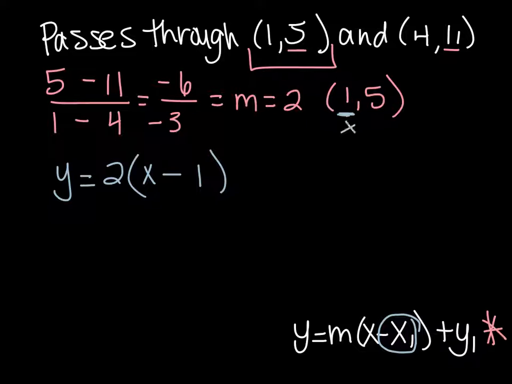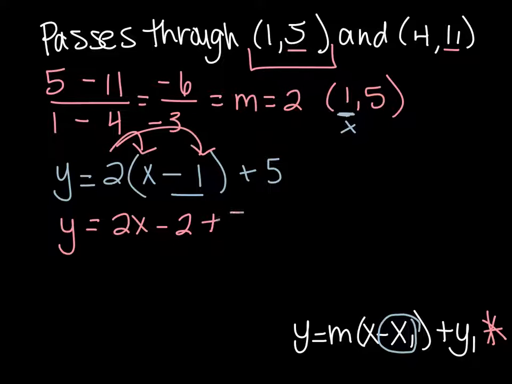So if this is x, which is 1, this now is -1, plus the y value. Now I just have to simplify. So I'm going to distribute 2 times x, 2 times -1, and bring everything else down. So my final answer is y equals 2x plus 3.